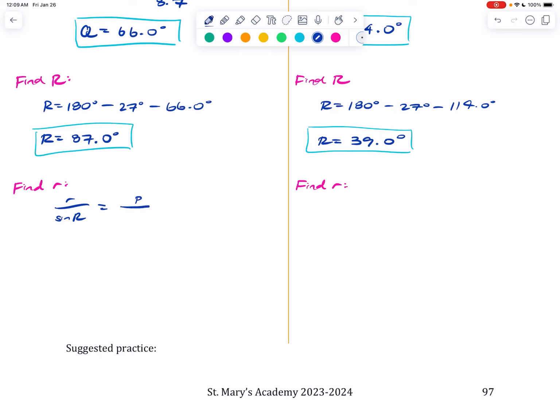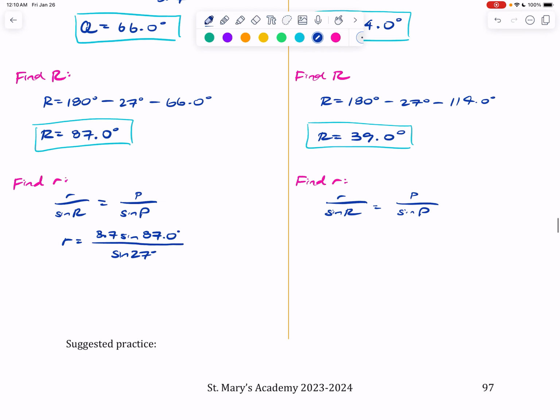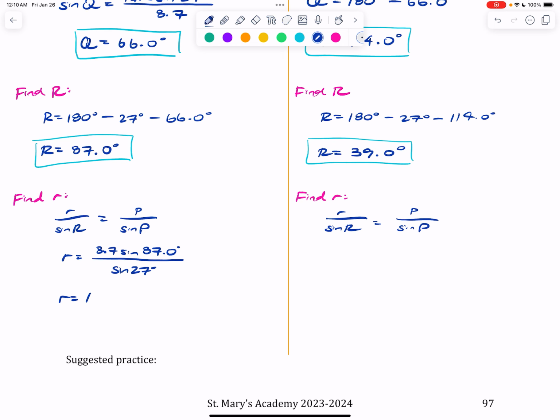We had P and sine P. So R is P sine R, which is 8.7 sine, angle R in this case, 87.0. There's lots of 8s and 7s in this question. And then angle P was 27 degrees. R is 19.1 for that particular triangle.